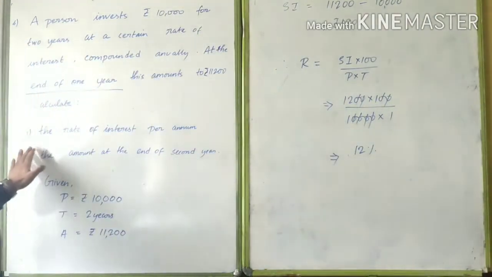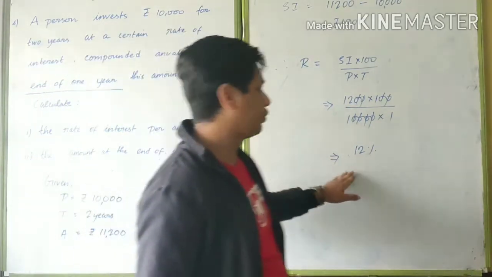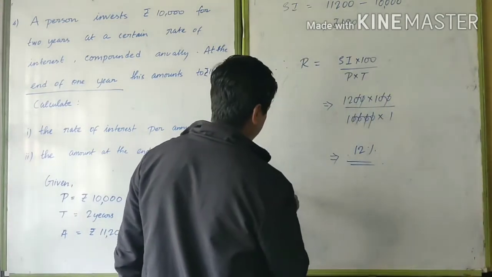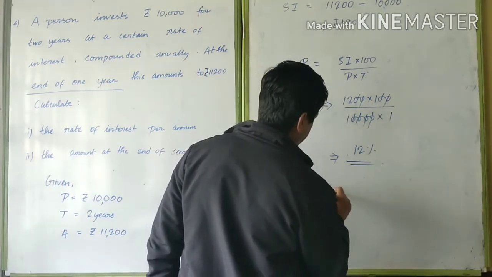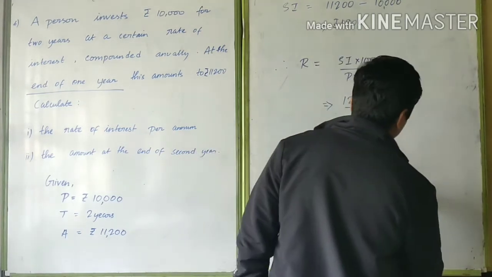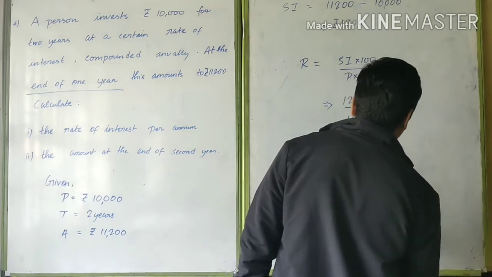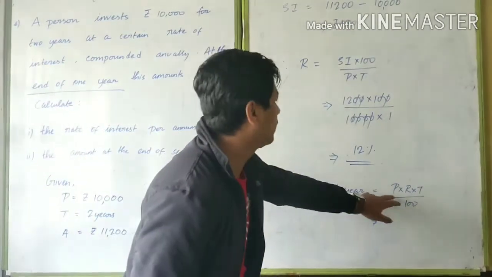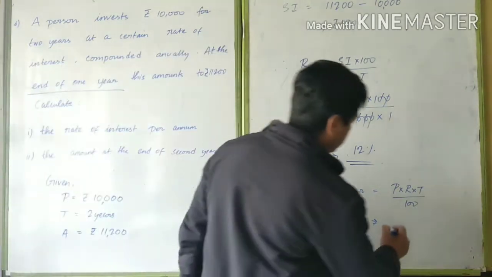Now the second part of the question which we are going to do is the amount at the end of the second year. Using this rate we have to find the interest for the second year. We know the formula P into R into T by 100. One thing to note is that the principal for the second year will be the amount of the first year, that is rupees 11,200.